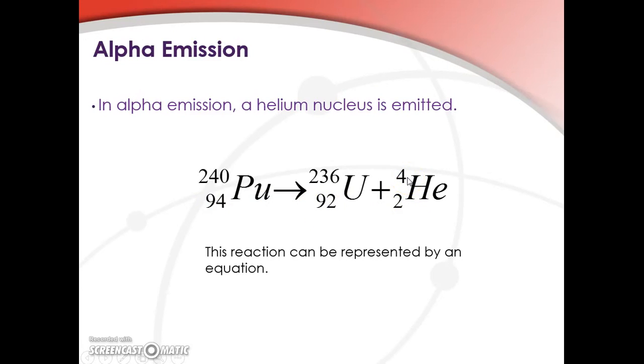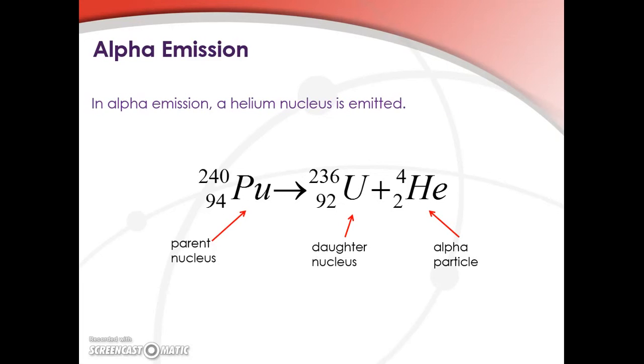Not coincidentally, the helium nucleus that's pushed off, the alpha particle, has a mass of 4 and has 2 protons. In other words, we can do simple arithmetic to get the resulting particle from alpha decay.